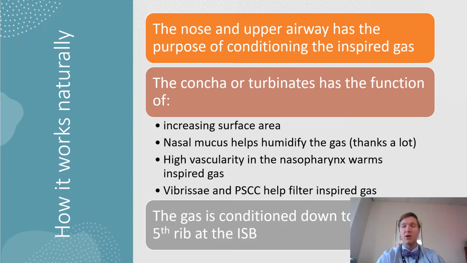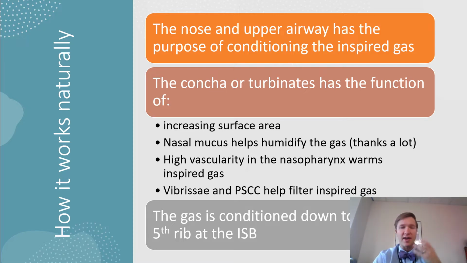So those things will help to humidify, right? So I have lots of surface area. Those concha, the turbinates, they slow down the gas because they make it turbulent, right? So the turbinates will slow down the gas and allow for dwelling time of that gas to pick up humidity or water content from the nasal mucosa, as well as heat from all the surface area that's in there.